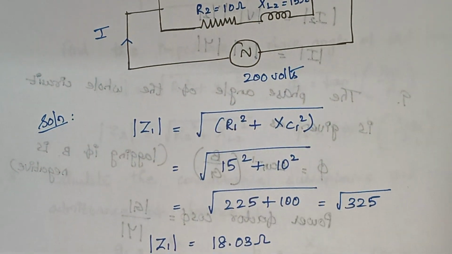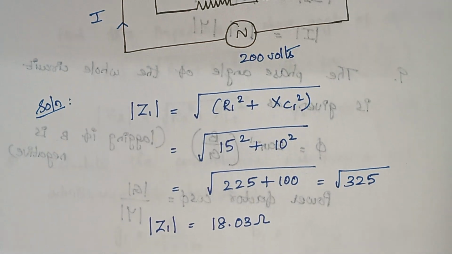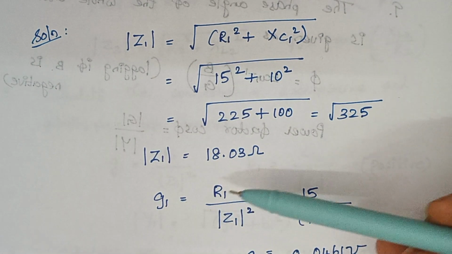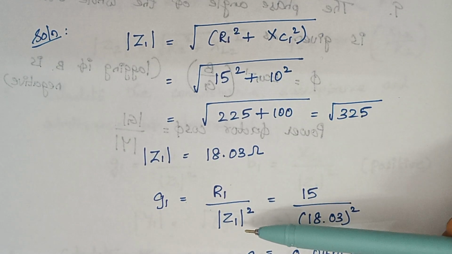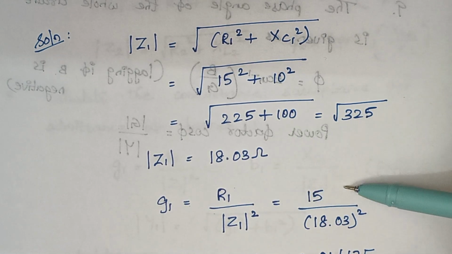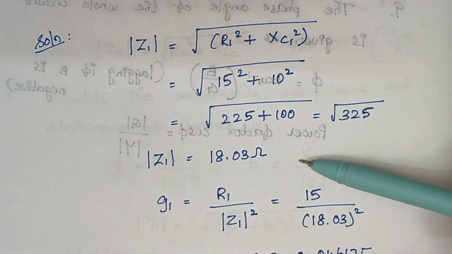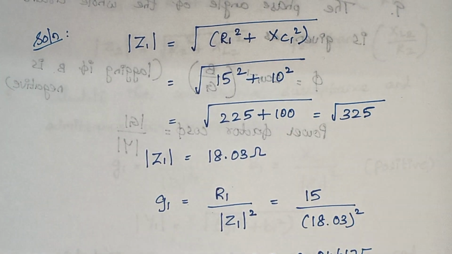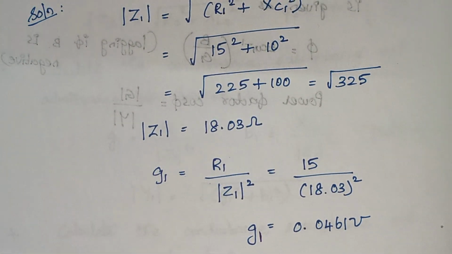Then the next thing is we need to calculate G1. So G1 is given by R1 by Z1 square. These are all the formulas, you have to keep them in mind. So R1 value we know, Z1 we have calculated. So just substitute, the value of G1 is 0.461 mho.